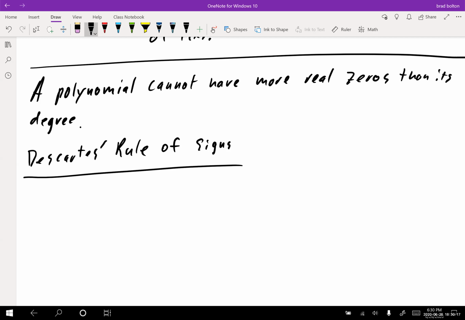Okay, so this is called Descartes' rule of signs. So it says let f be a polynomial in standard form, and that's the form that I wrote in 4.1.